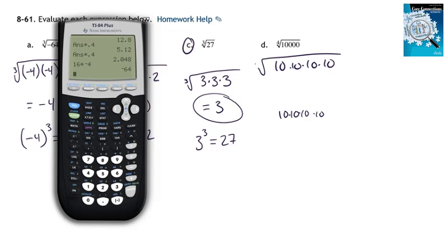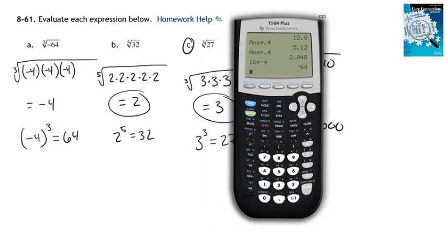There's exactly 4 factors of 10 there, and I do get 10, 100, 1,000, 10,000. So the 4th root of 10,000 is equal to 10 because 10 raised to the 4th power is equal to 10,000.